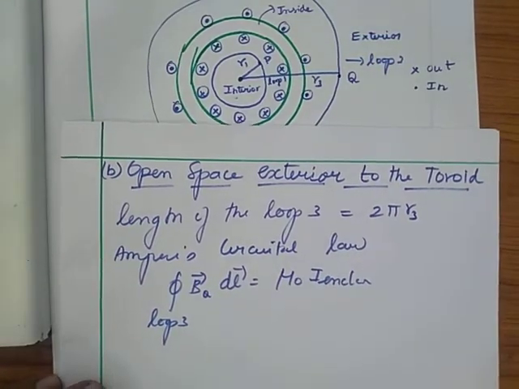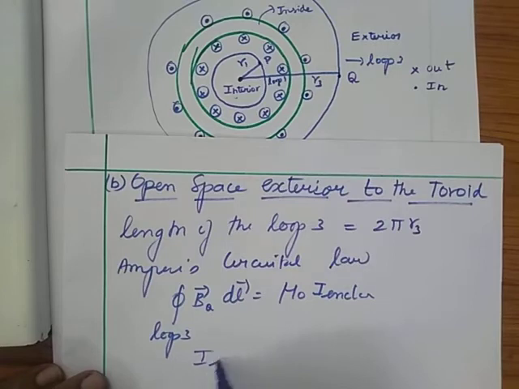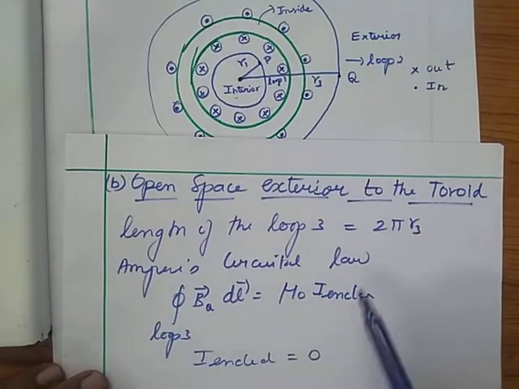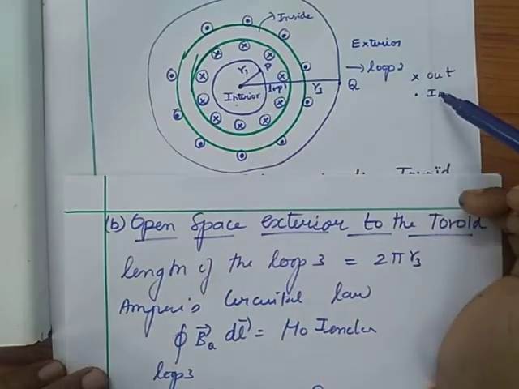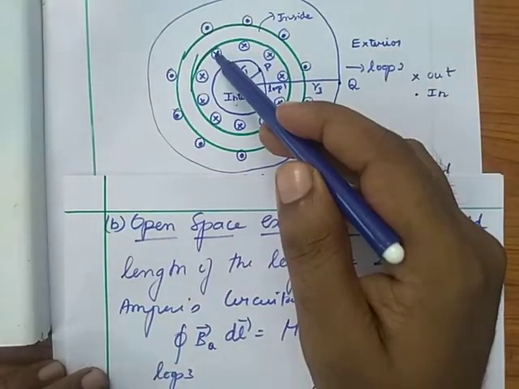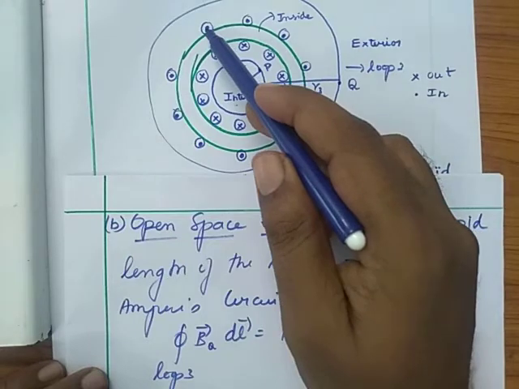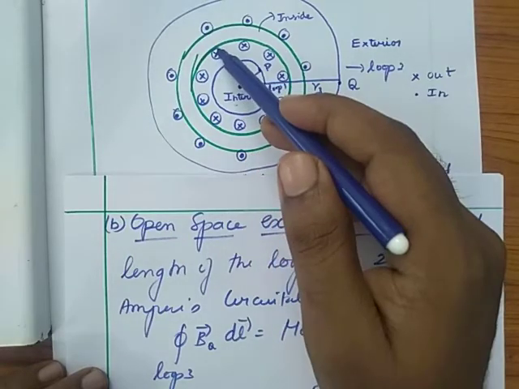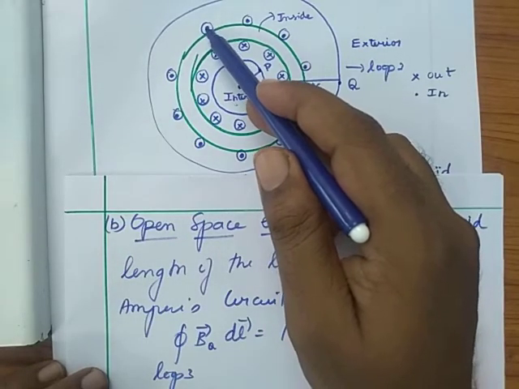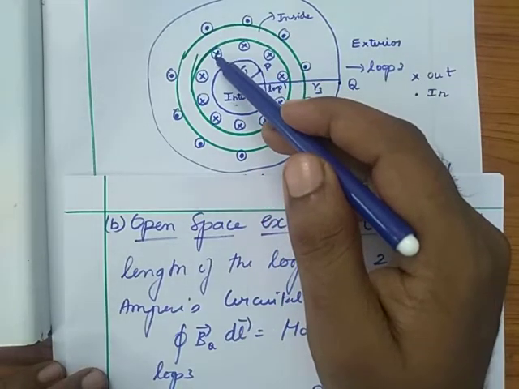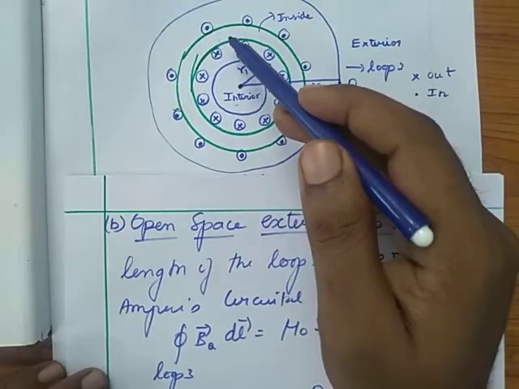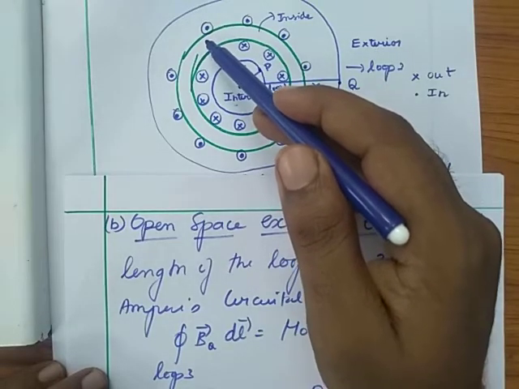Here the current enclosed in that Amperian loop is equal to 0, because current coming out of the plane of the paper is cancelled by current going into the plane of the paper. See, this dot cancels the cross. That means the current going into the paper is cancelled by the current coming out of the paper.